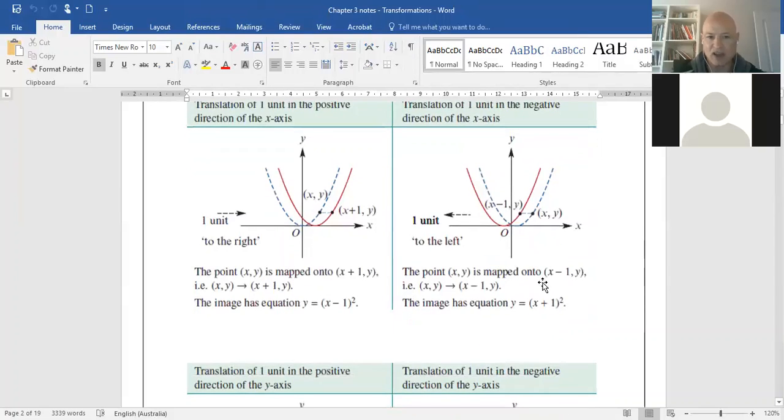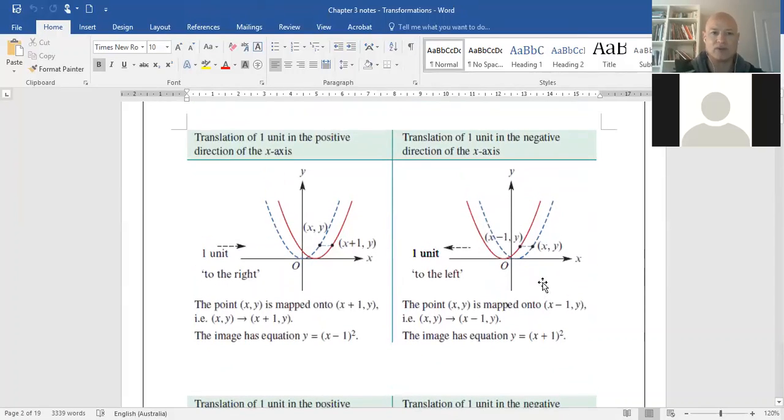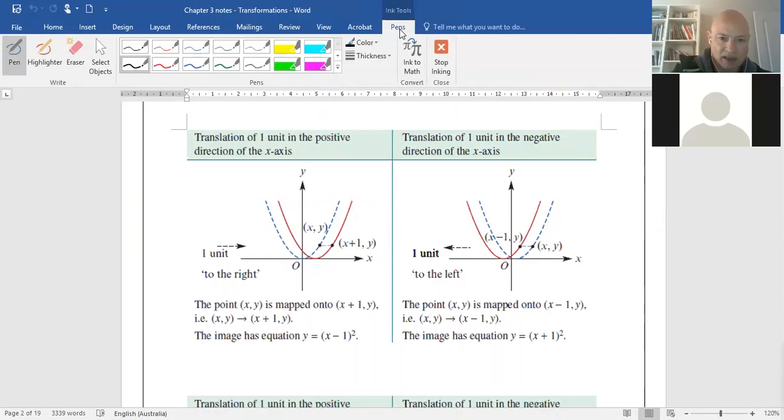Again, just showing you in a picture. You should probably already know this. 1 unit in the positive x direction shifts 1 unit, and the y stays there because there's no translation along the y. 1 unit in the negative x direction, from 0, 0 goes to negative 1, and that's it.